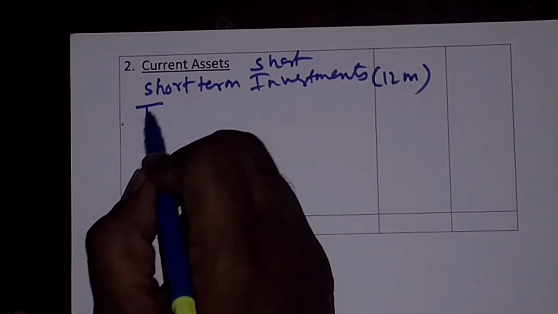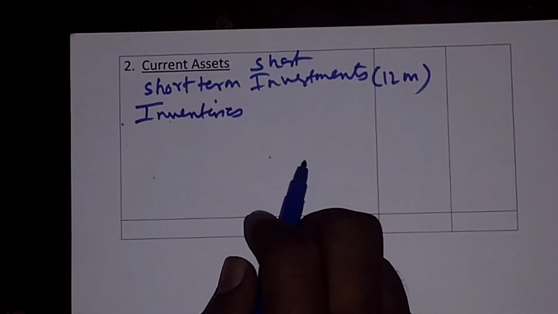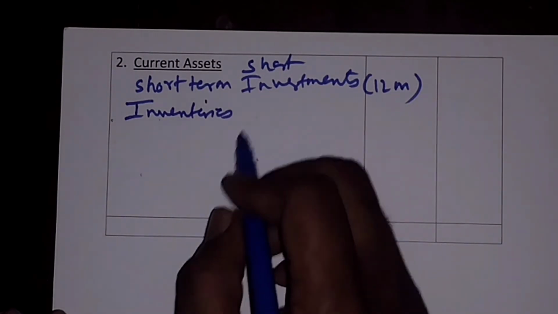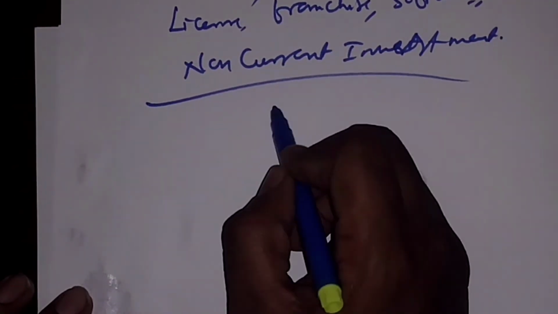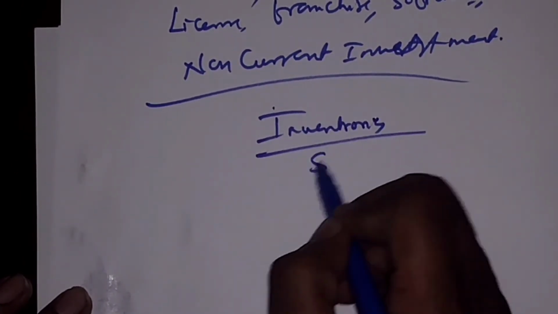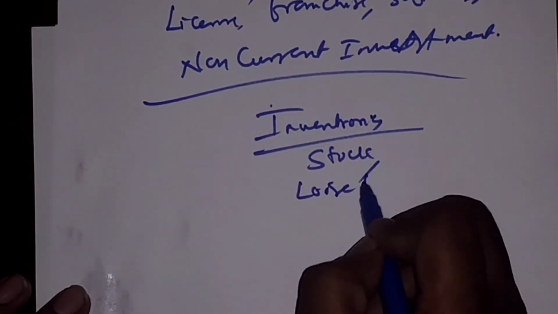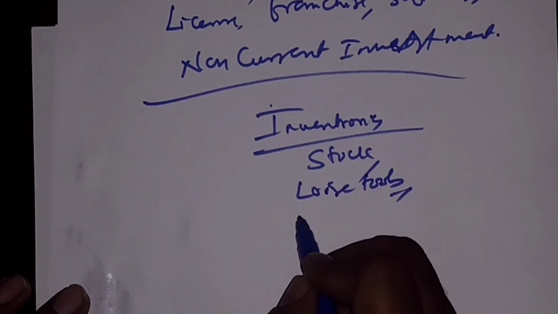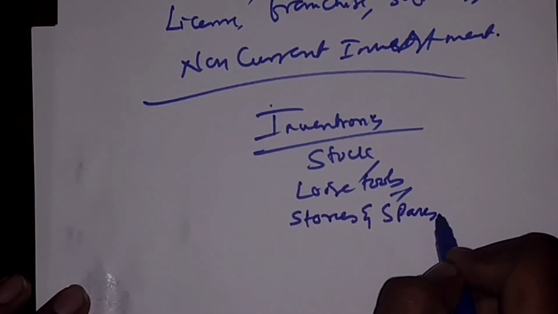Next one is inventories. What is inventories? Inventories means stock. Inventories include stock, loose tools, and stores and spares.